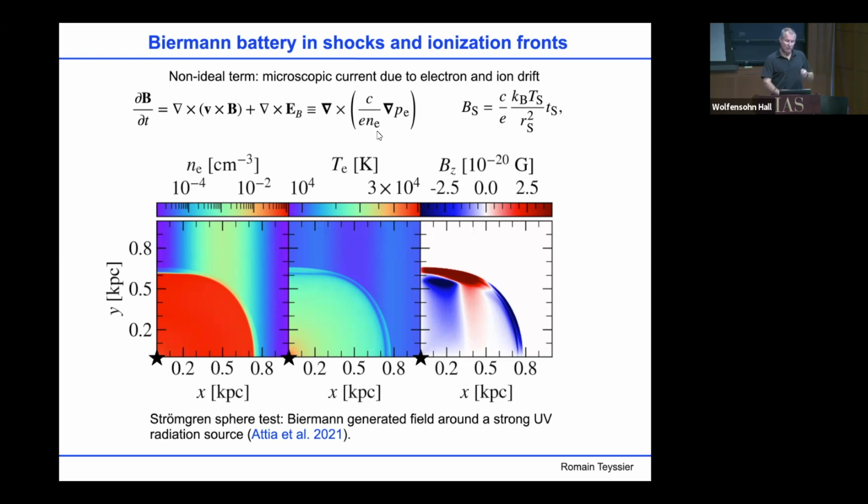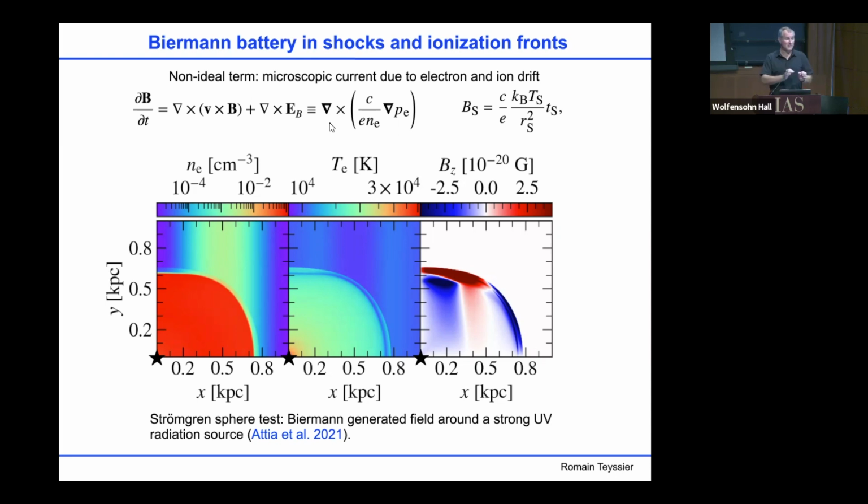You see that if the electron density and the electron pressure are proportional to each other, then this term can be expressed as a gradient of another quantity, which is usually called pi. Then the Biermann battery is the curl of a gradient, and you know from analysis 2 that the curl of a gradient is always 0.